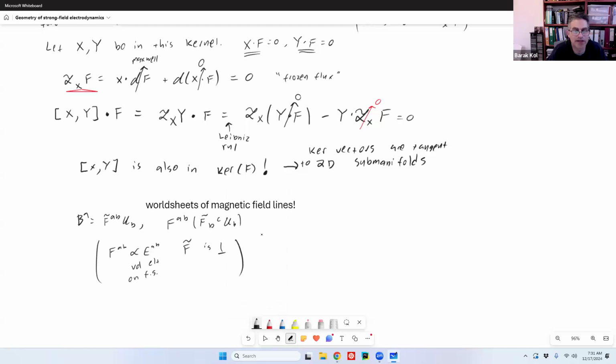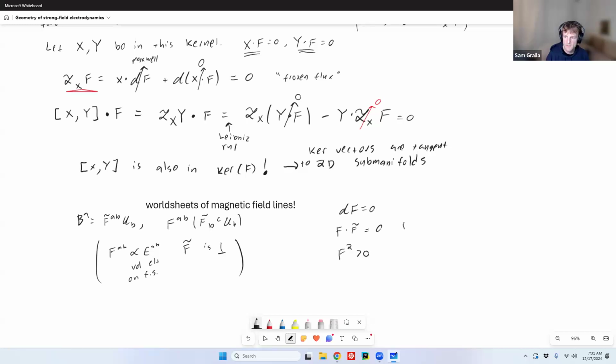Let's see if we can understand the statement. The statement is for Lorentz-free electrodynamics or all electrodynamics? This statement relies only on two assumptions: dF equals 0, which is no monopoles, and degenerate, so E dot B equals 0.